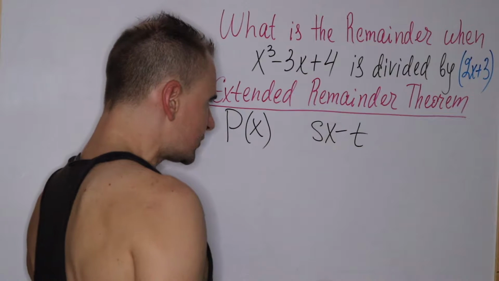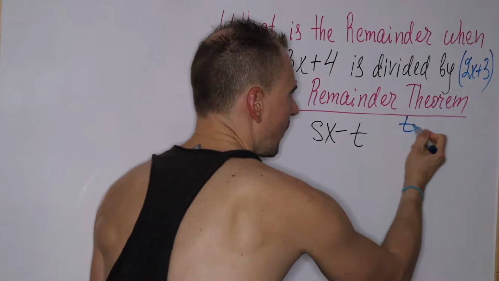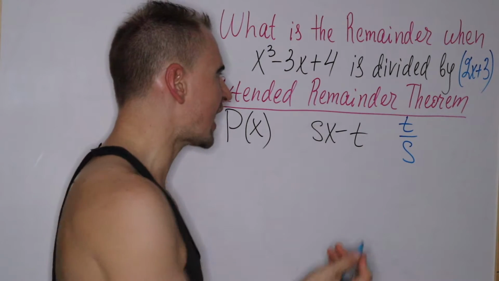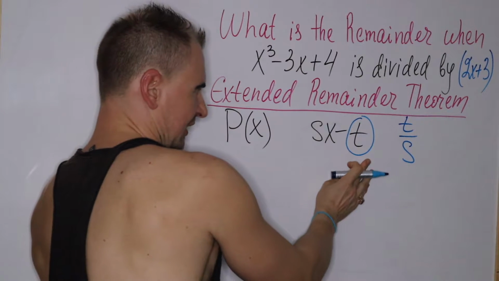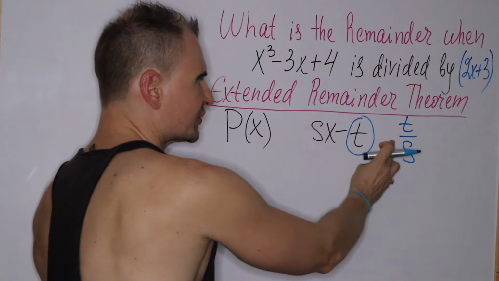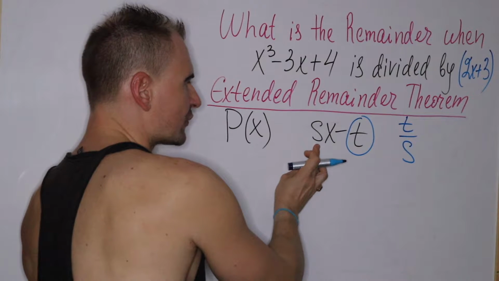So all you need to do is take t over s and make a fraction. You take this constant t and switch the sign, divided by the leading coefficient in front of x.